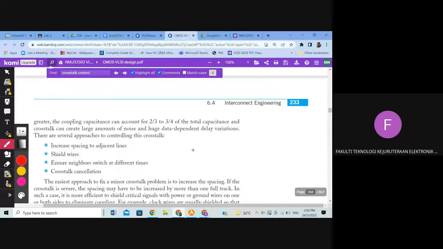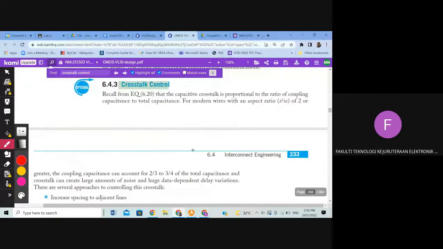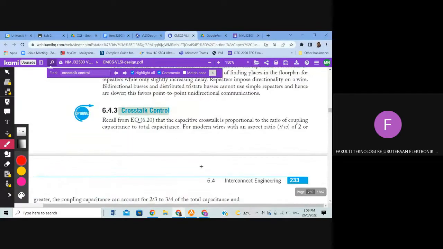From the textbook, on page 232, the author has suggested all of the mentioned crosstalk reduction techniques, which are due to the capacitance inside the wire, inside the chip.